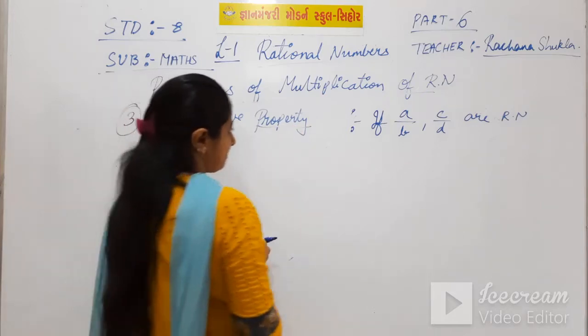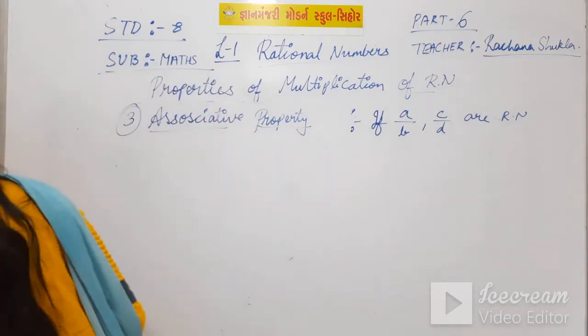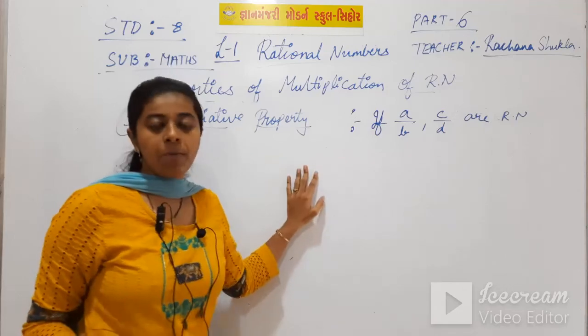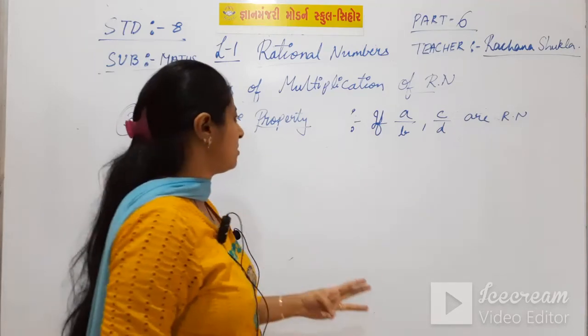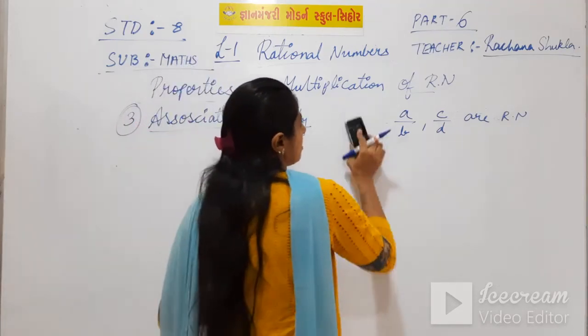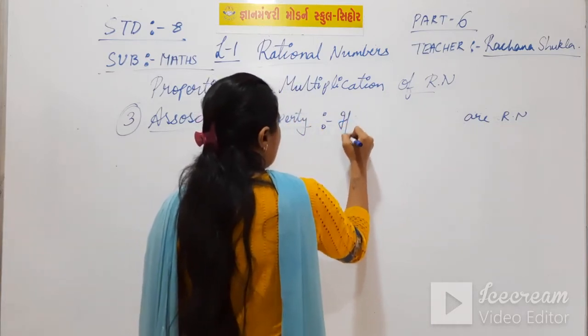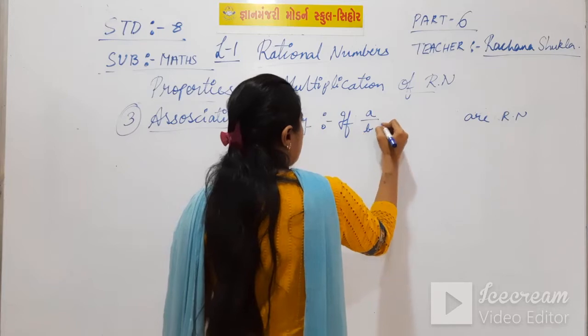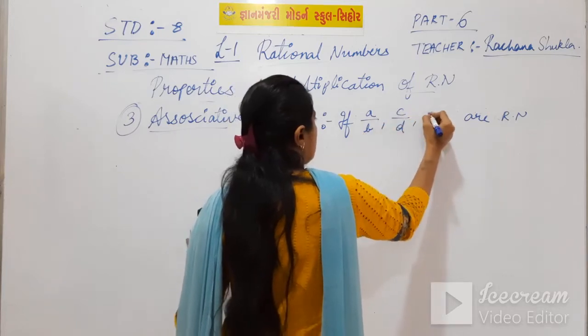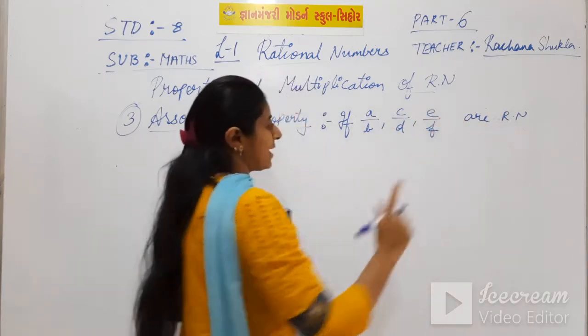Associative property. In associative property, we will take three rational numbers, that is, if a upon b, c upon d and e upon f are rational numbers.